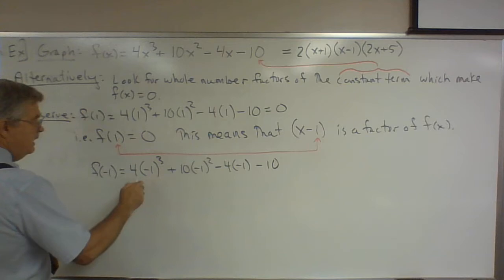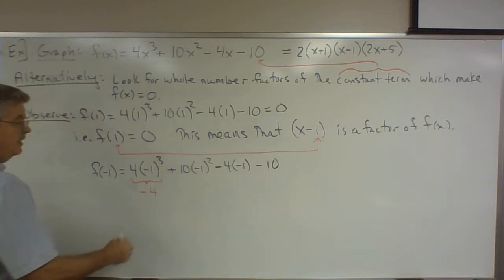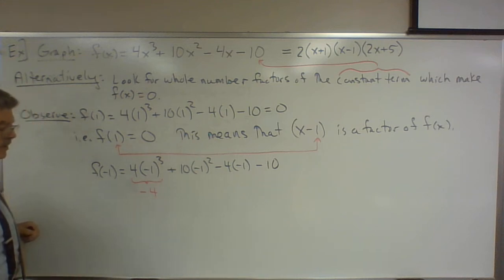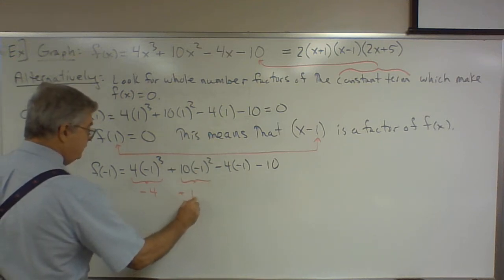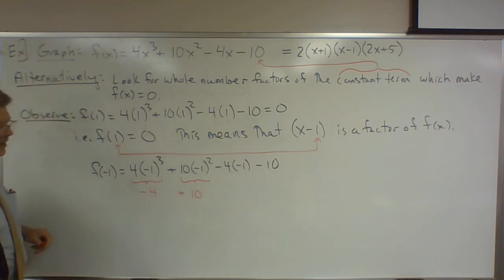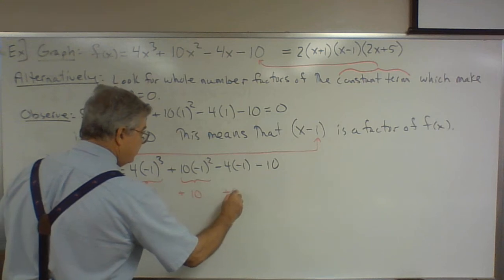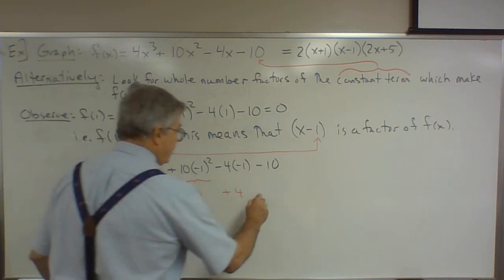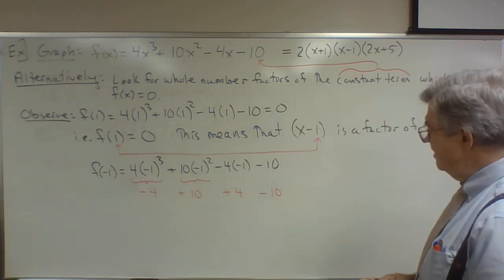If we cube -1, we get -1, so this is -4. If we square -1, we get +1, so this is plus 10. -4 times -1 is plus 4. And we have -10.